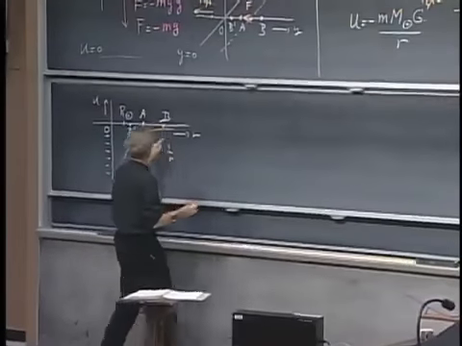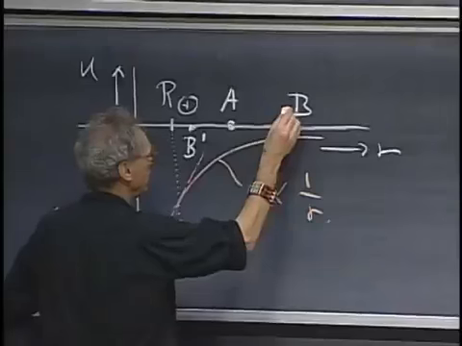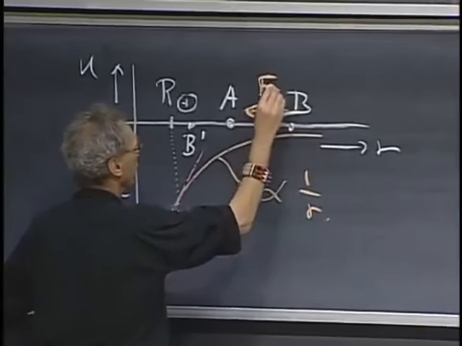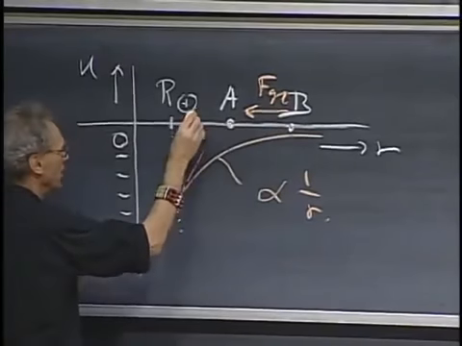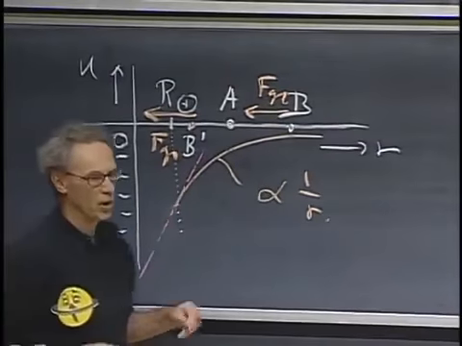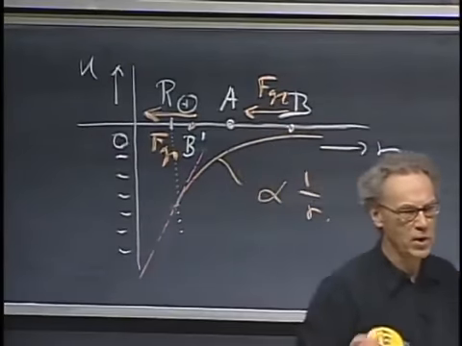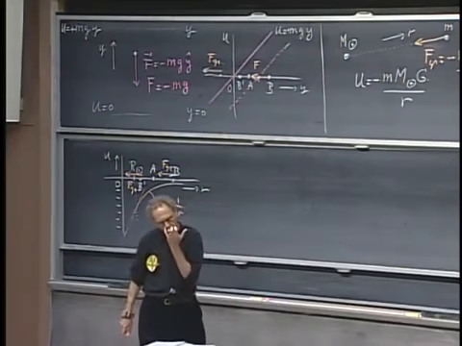When I'm here, the gravitational potential energy increases in this direction, the gravitational force is in this direction. The force is always in the opposite direction to the increasing value of the potential energy.